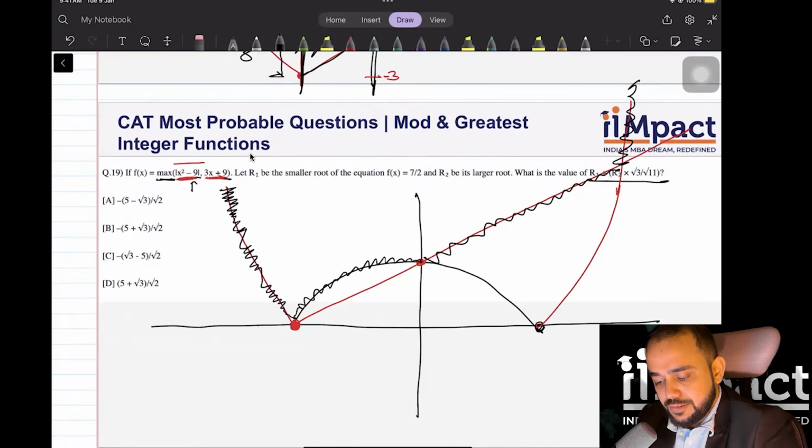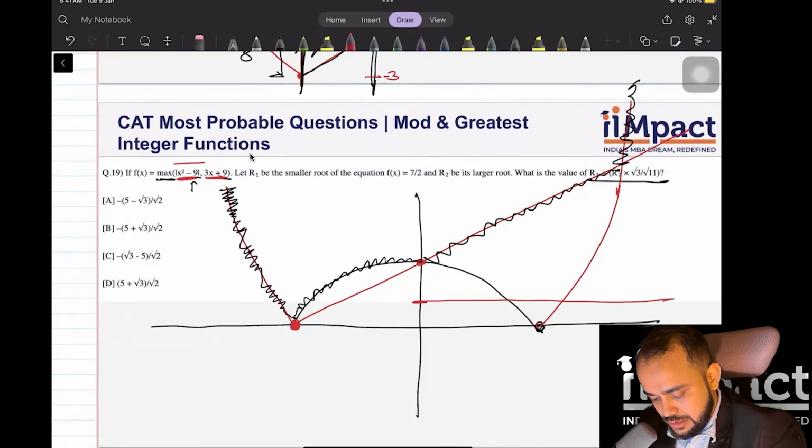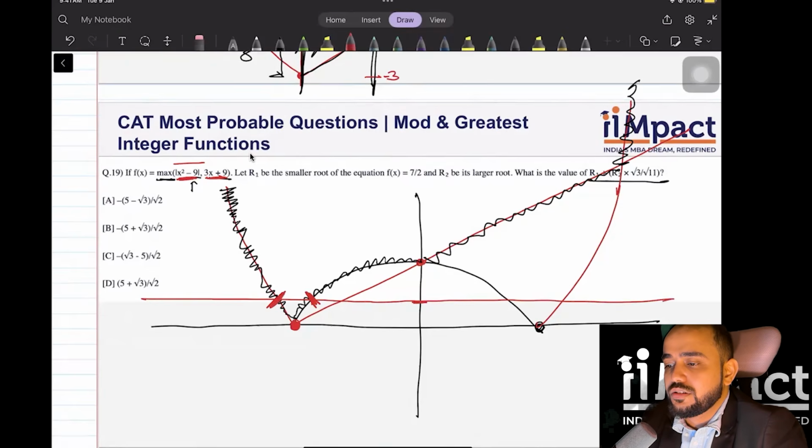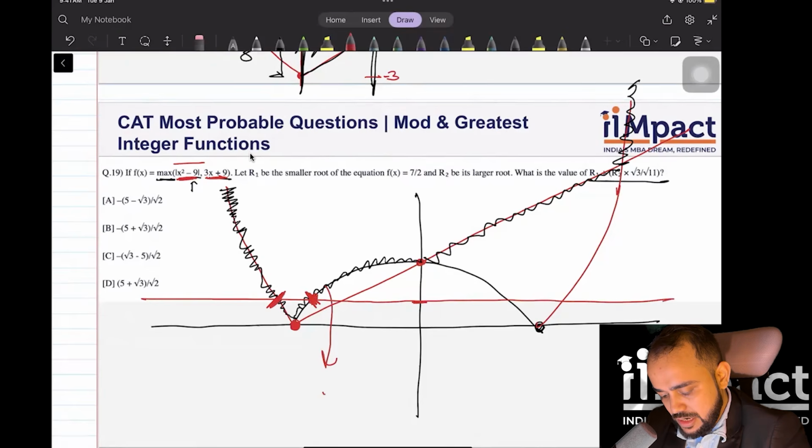Now clearly 7/2 will lie somewhere here, and both of these values are going to lie on the mod of x square minus 9 function. So one of them is going to be on this section, which is 9 minus x square, and the other root, the larger root, is going to be on x square minus 9.